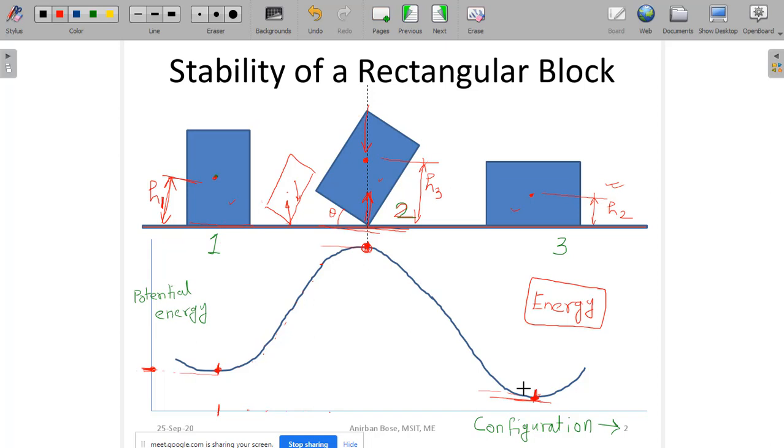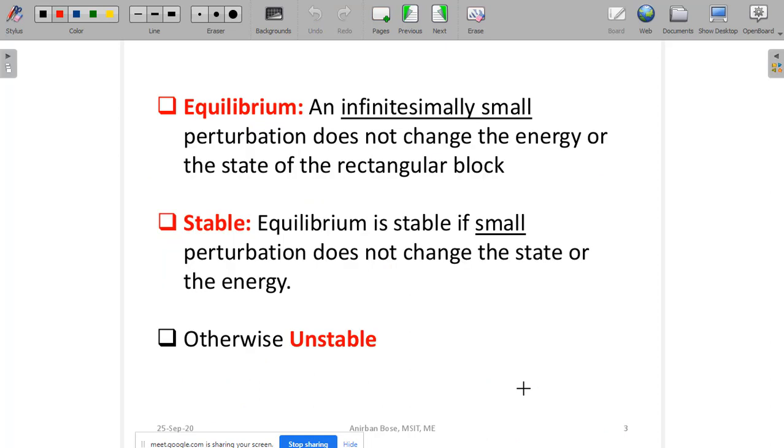Now let us see the proper mathematical definition of stability in terms of energy. The definition of equilibrium is that an infinitesimally small perturbation does not change the energy or the state of the rectangular block. Perturbation means a very small movement, displacement or deviation, like a disturbance. Remember, this word is very important: infinitesimally small.